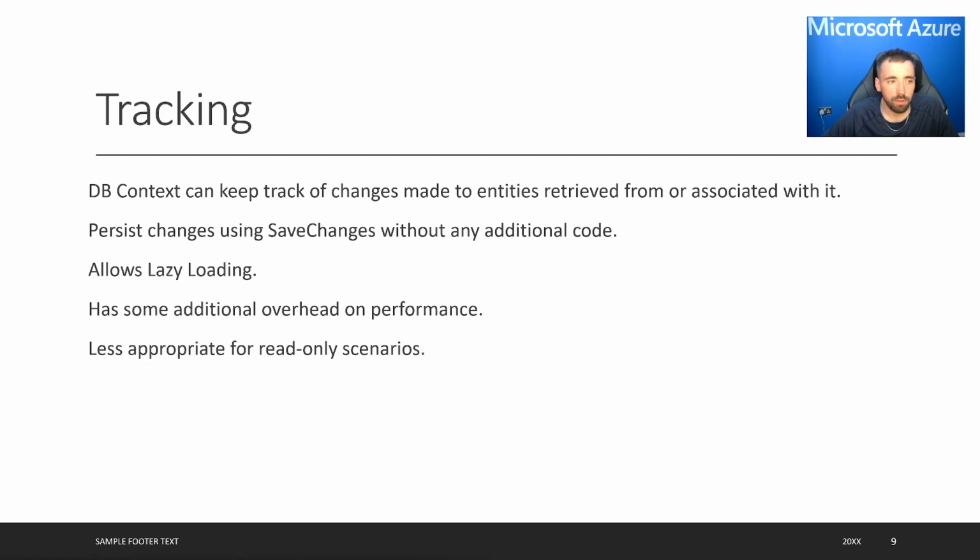It has additional overhead on performance, though it can provide benefits to performance also, as long as we use it in the correct scenarios. It's less appropriate for read-only scenarios where we're retrieving a lot of objects and we're not going to be making changes. It's not very beneficial to use tracking, and we'll have that additional performance overhead that we don't need. So ultimately, tracking allows us to track our objects as they're changed.